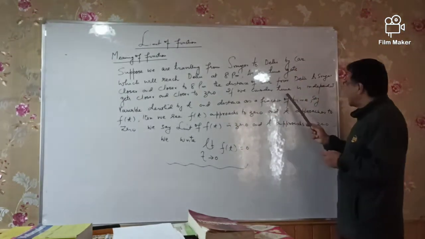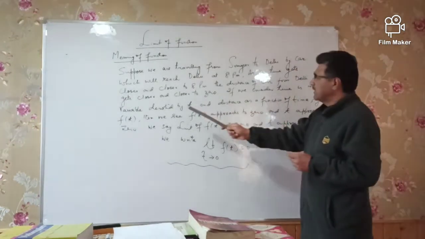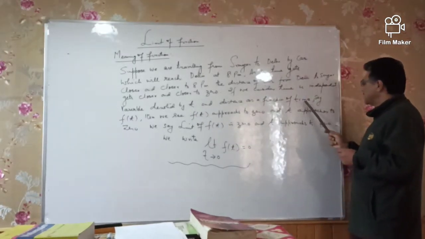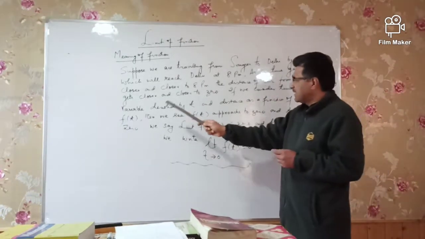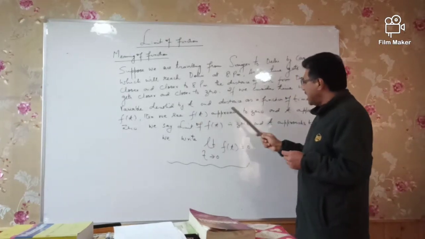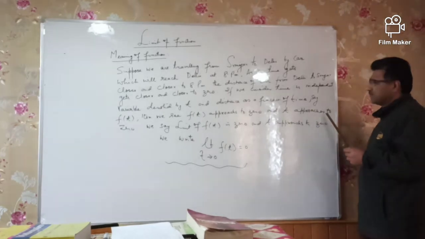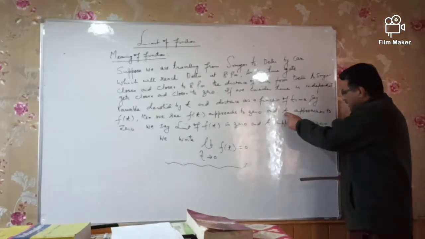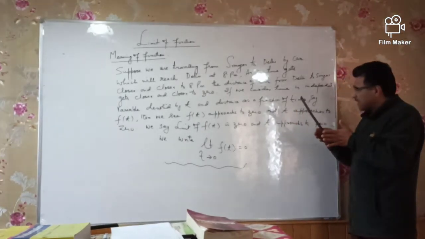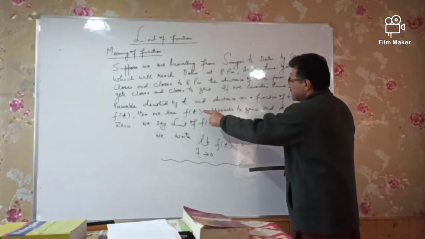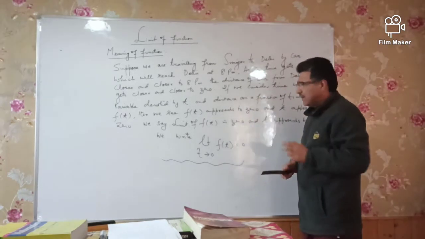If we consider time as the independent variable denoted by t, and the distance as a function of the time, say f(t), then we see f(t) approaches 0 as t approaches 0. As time decreases, the distance also decreases; distance will tend to 0 and time will tend to 0.